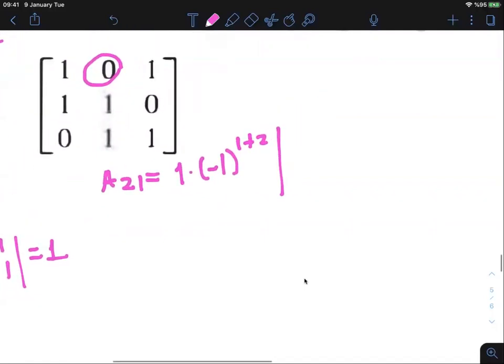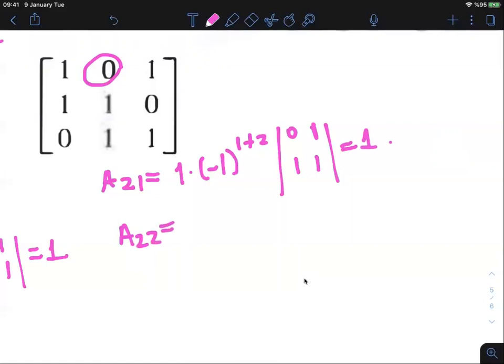And what do we get? We get 0, 1, 1, 1, right? So this determinant will be minus 1, times minus 1, so this will be plus 1.